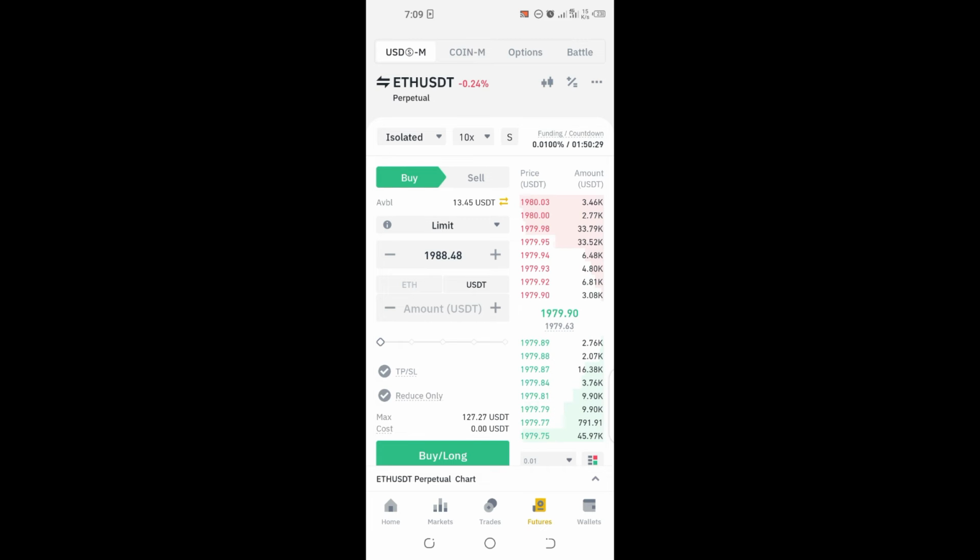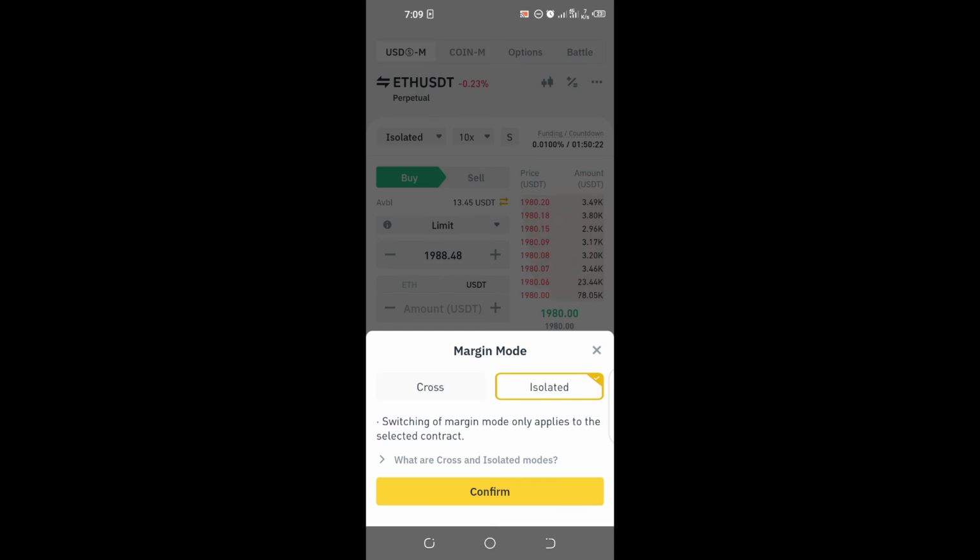But if I was trading on cross margin, so you see here we have cross, if I put cross here, it means that if the assets are liquidated, it will cross to the other wallets and we start to liquidate all the other assets.